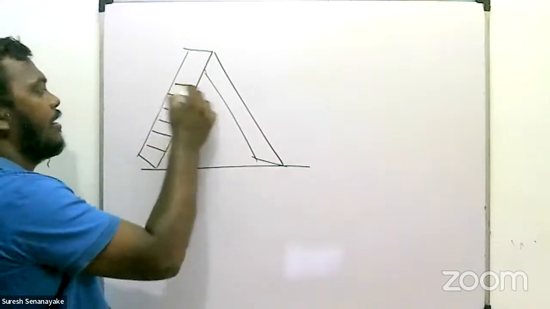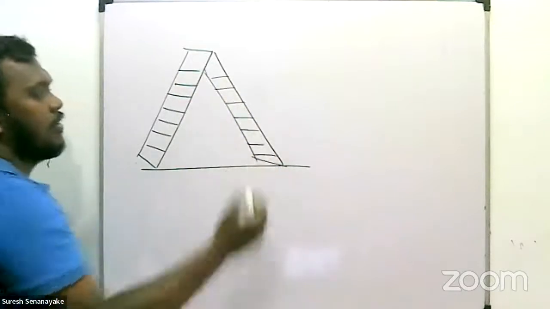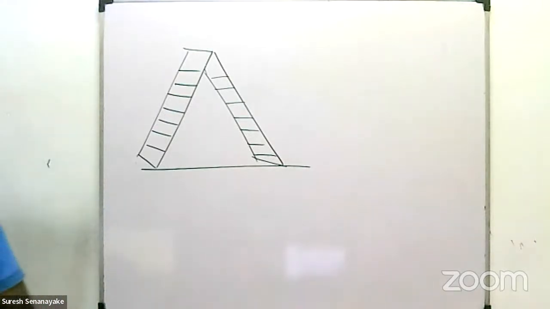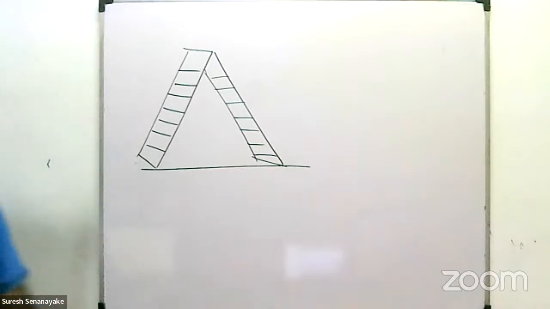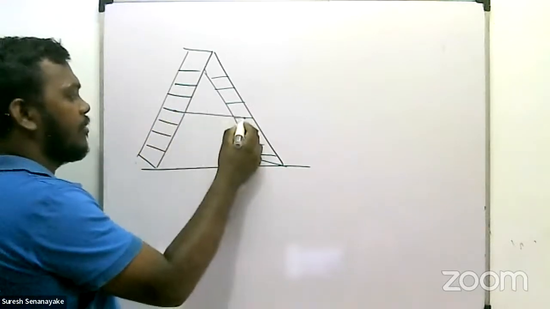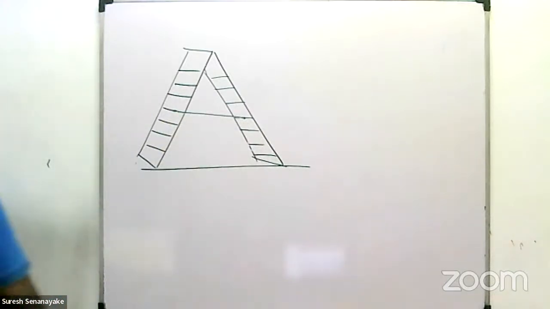The crossbar connects the two legs of the ladder at the middle.